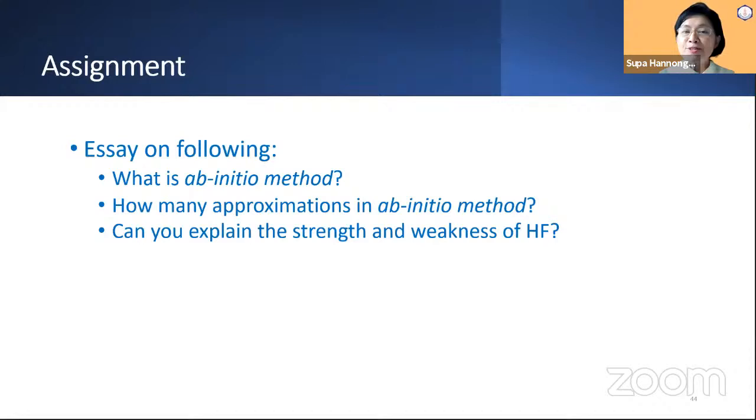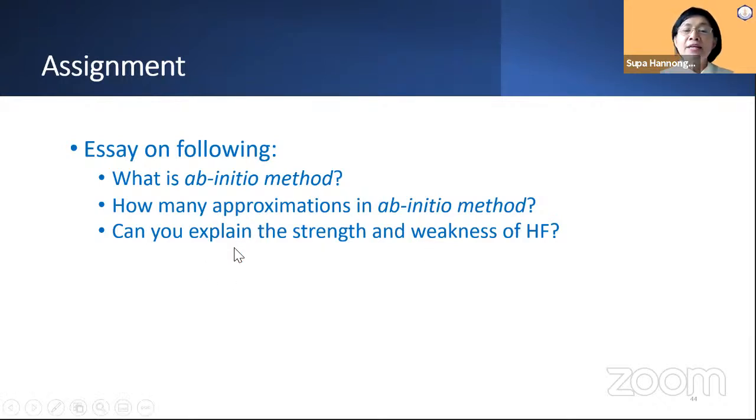There are so many approximations that it cannot represent the real system at the end of the computation. But for some systems, as I told you, as compared to the experimental, ab initio can predict quite well, but for some systems not.